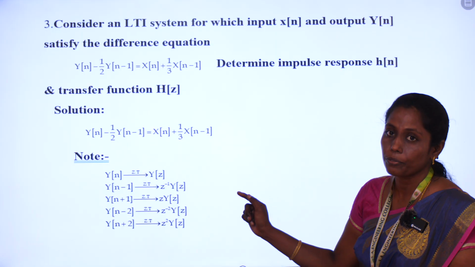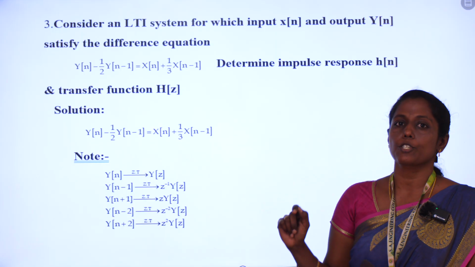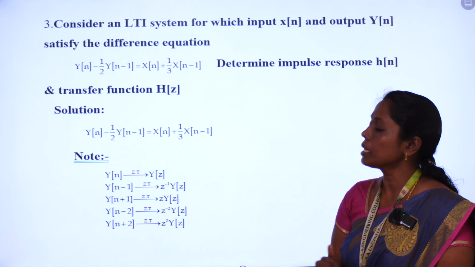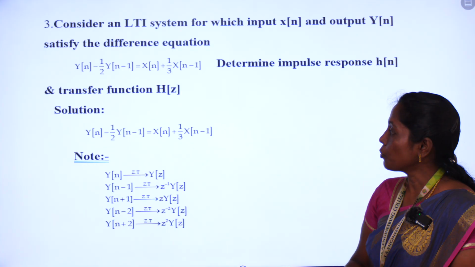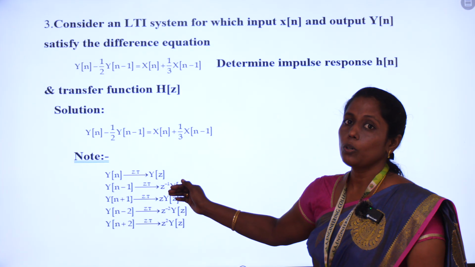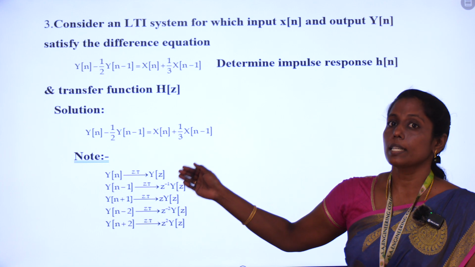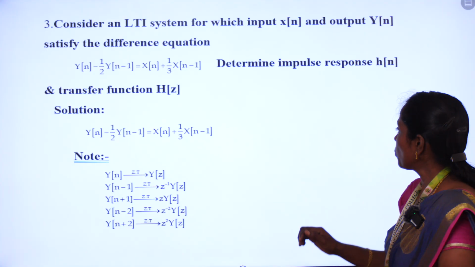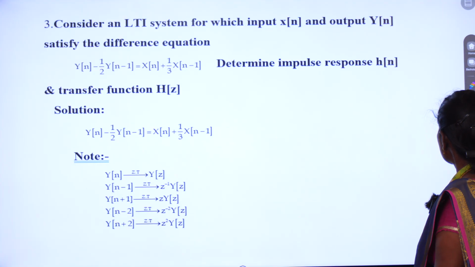Let us see how to find the impulse response h of n and the transfer function h of z for this given difference equation. Before starting this problem, we should know how to take the Z transform of this difference equation. For that, what is the formula of the Z transform?